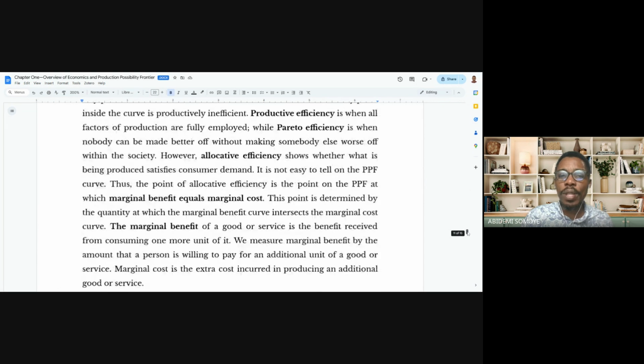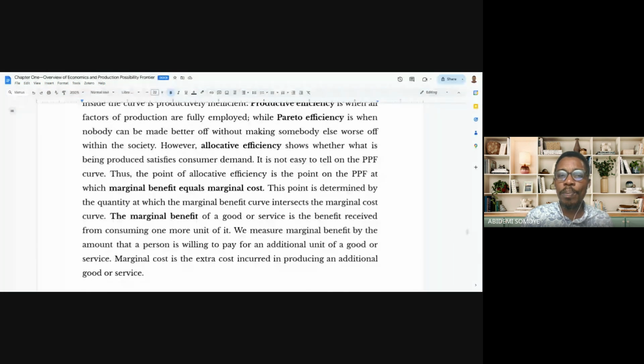However, allocative efficiency shows whether what is being produced satisfies consumer demand. It is not easy to tell on the PPF curve. Thus, the point of allocative efficiency is the point on the PPF at which the marginal benefit equals marginal cost. This point is determined by the quantity at which the marginal benefit curve intersects the marginal cost curve.